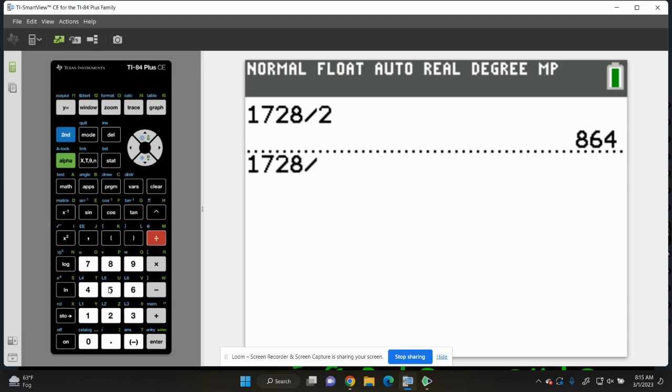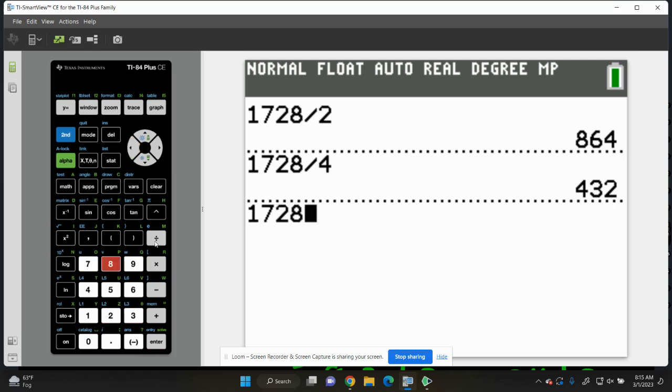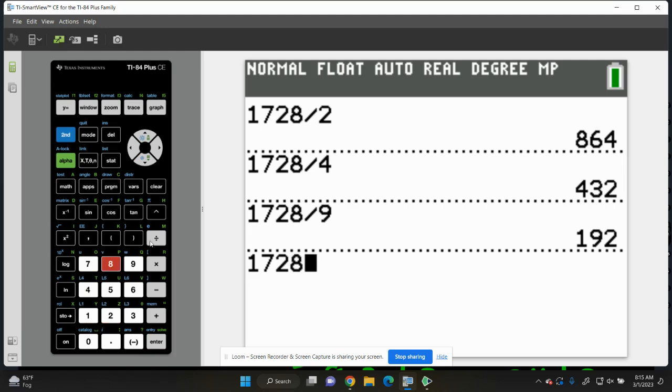So I'm going to go through my perfect squares. Okay, 4 works. Let me try 9. Okay, 9 works. And I'm going to keep trying my perfect squares. 16 works.